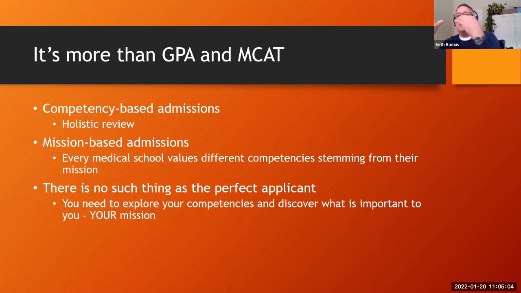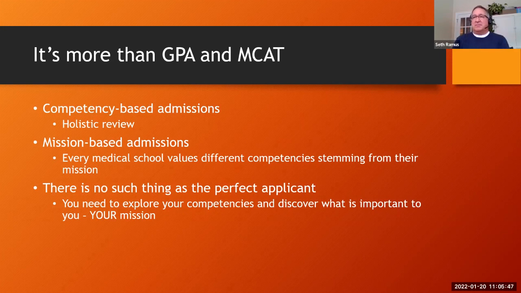Well, here's my GPA and here is my MCAT score, and therefore this is the right school for me. And what that means is that all of a sudden, the admissions process fulfills their imagination of it. It becomes random and capricious. Well, this school has a lower average GPA, but I didn't get in there. And this school has a higher average GPA, but I got in there. So that doesn't make any sense. It's just random. And no, it's not random. It's because they're looking more at your whole application than students imagine.